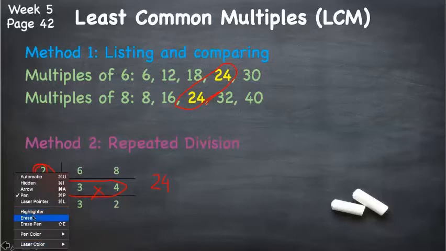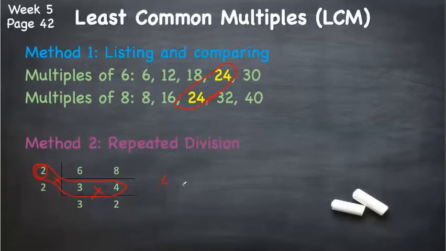Actually, let me write the whole equation. So it's 2 times 3 times 4 equals 24. Okay, now watch closely. I will erase this.